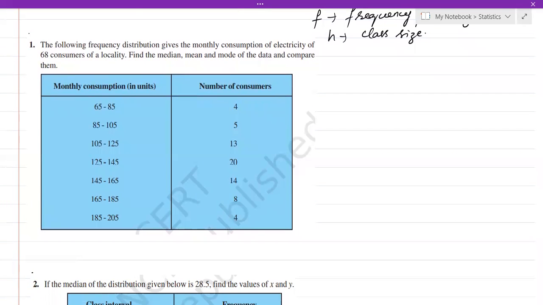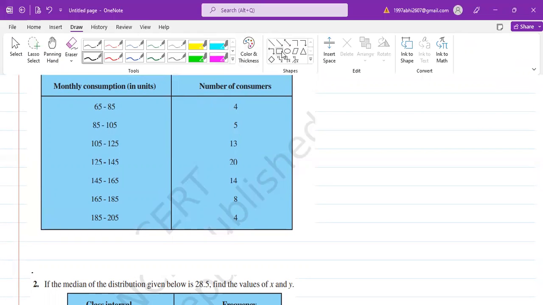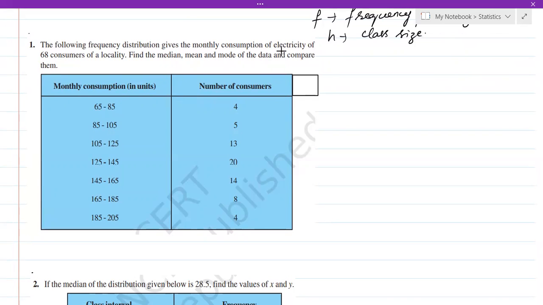To find median, you have to just make one more column, which is CF. CF stands for cumulative frequency.